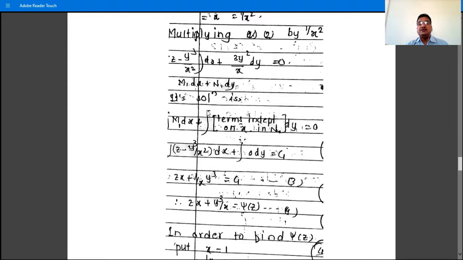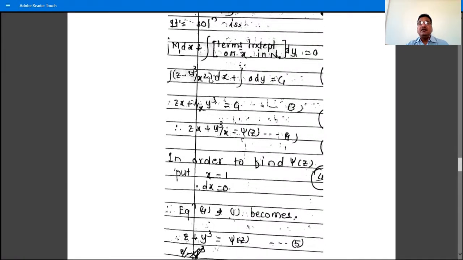The formula is the integral of M dx plus terms in N independent of x, dy, is equal to c1. Here the terms in N independent of x: there is no term, so write 0 dy equals c1. Now integrate with respect to x, with z constant.